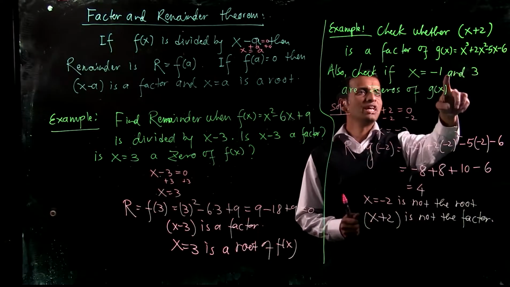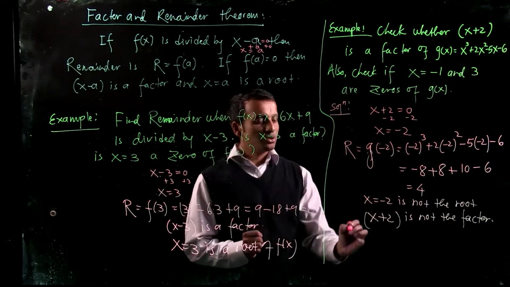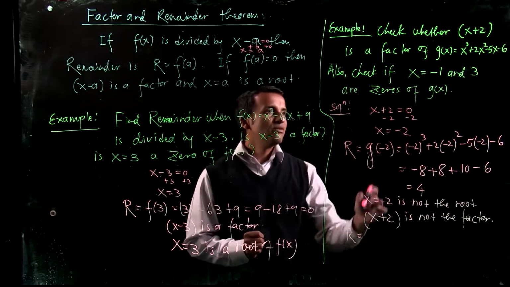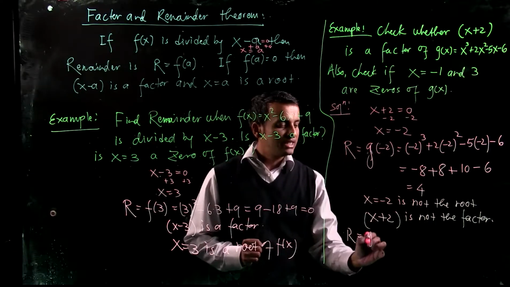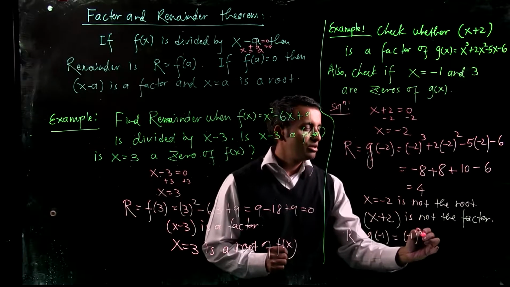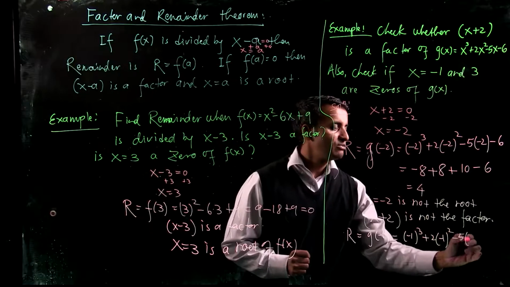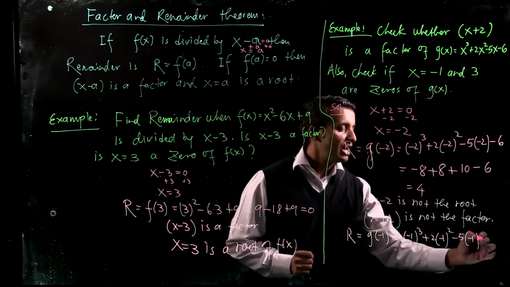So if you plug in negative 1, what do you get? To test whether negative 1 is a root, you find the remainder for x equals negative 1, g of negative 1. You'll get negative 1 cubed plus 2 times negative 1 squared minus 5 times negative 1, and then minus 6.